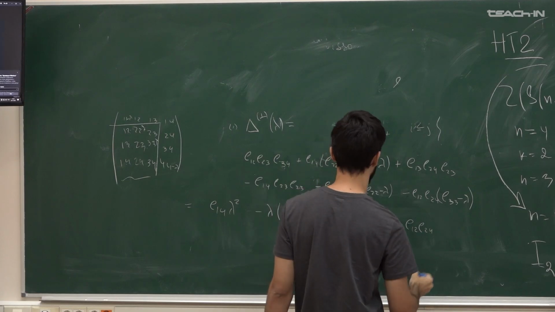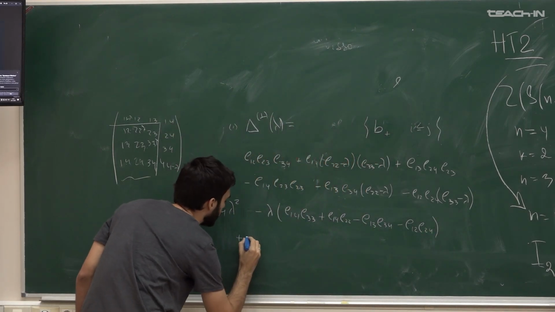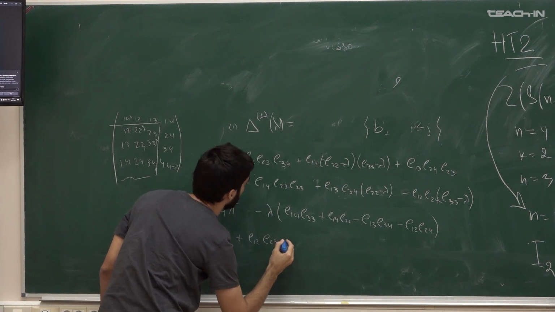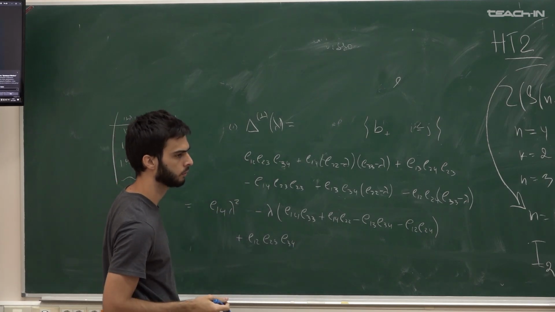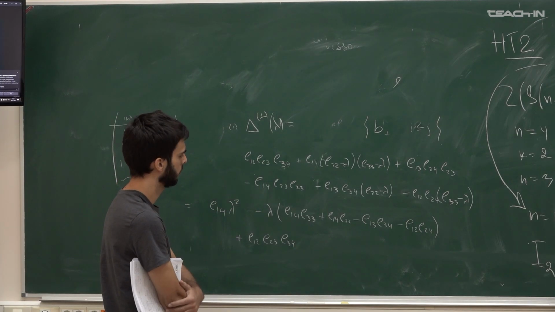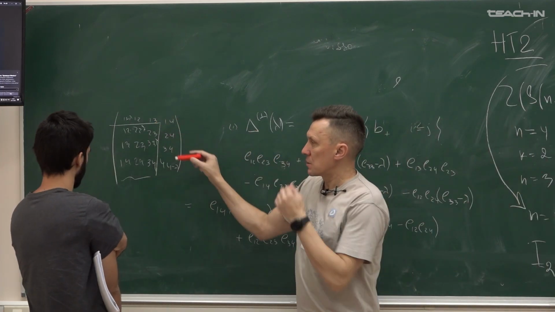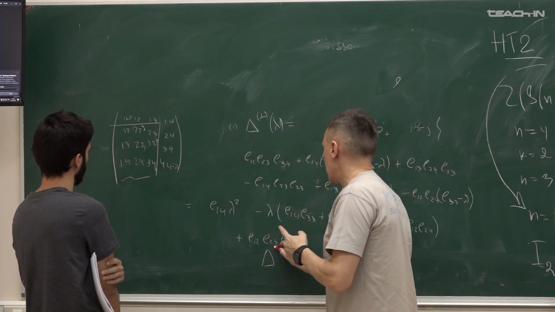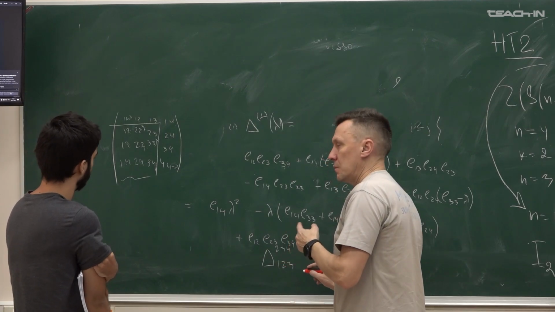Very good. It is a determinant. You know that at lambda power 0, you have just the determinant of all these matrices. So here you have just 2, 3, 4, 1, 2, 3.